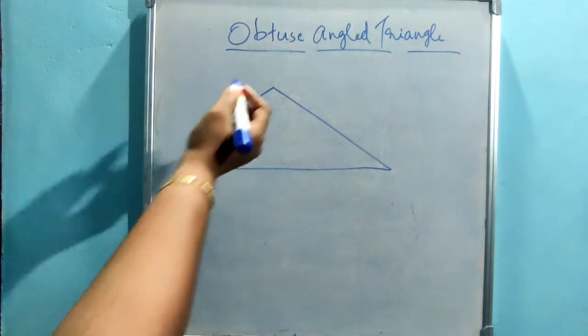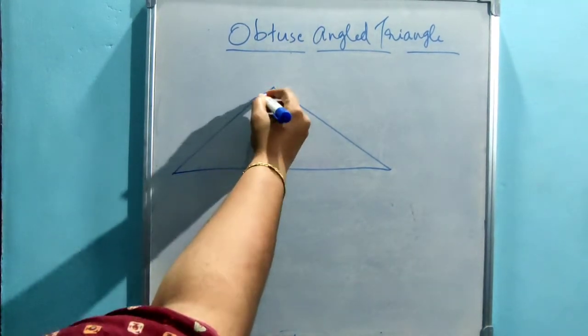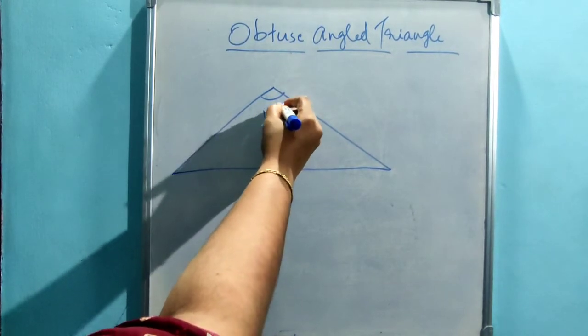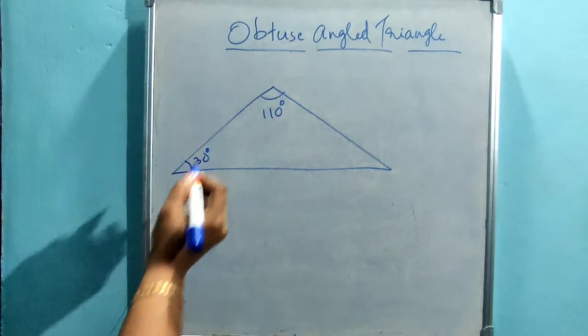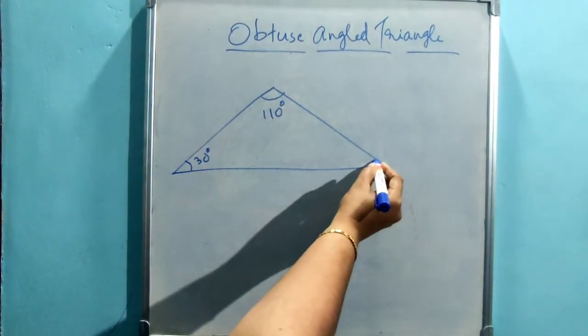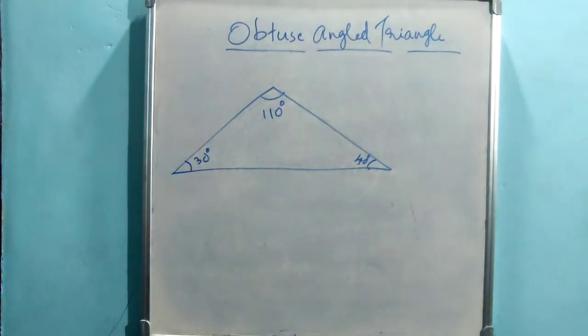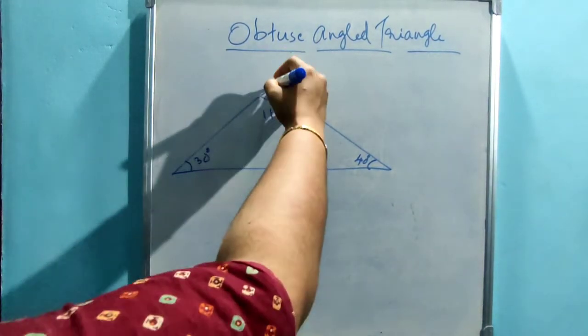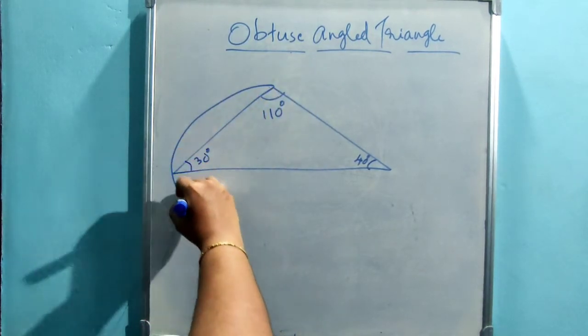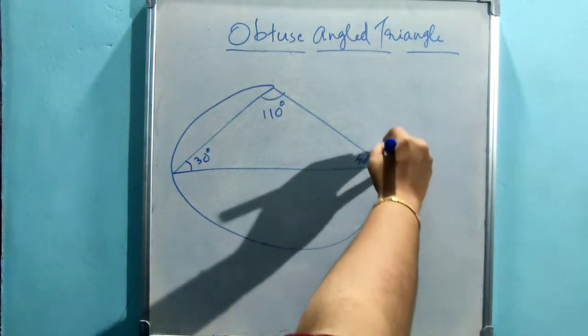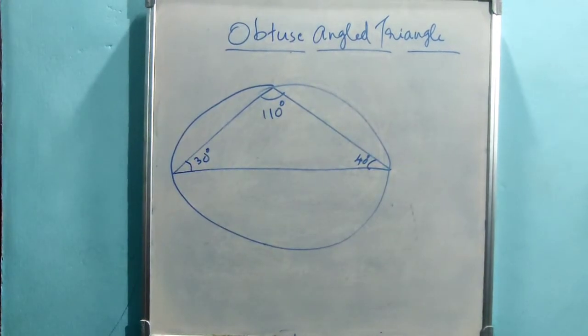So if one angle itself is more than 90, then the other two angles should be less than 90, right? Suppose this angle is equal to 110 degree, this angle is 30 degree, and this one is 40 degree. Then suppose here also we have a circumcircle like this.